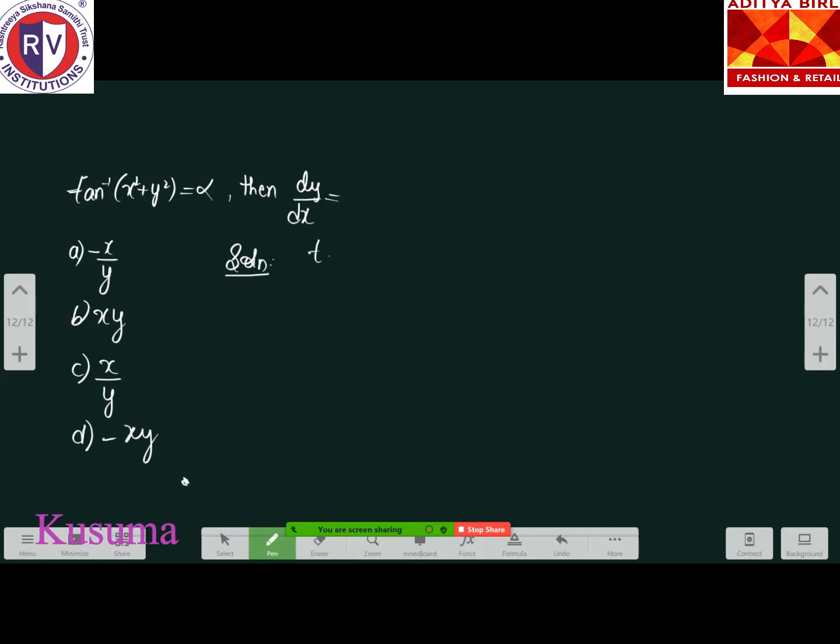So here it is given that tan inverse of x square plus y square is equal to alpha. So x square plus y square can be written as tan alpha. Now let us differentiate this. When we differentiate x square, this will become 2x plus differentiation of y square will be 2y into dy by dx.